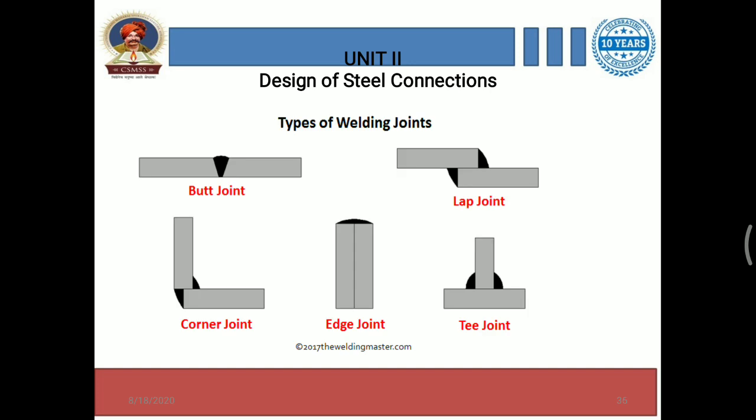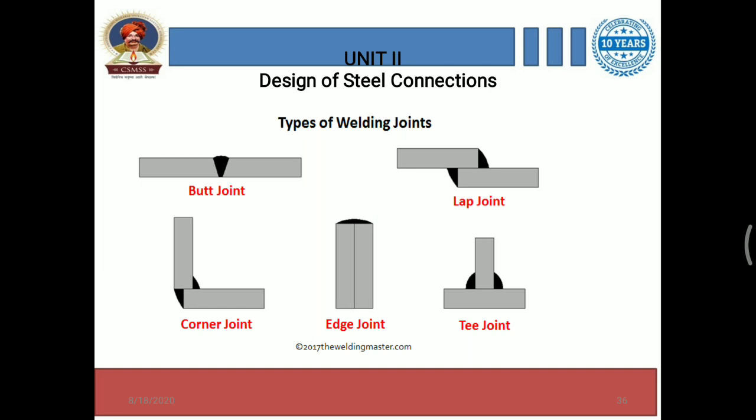Then these are some types of welding joints. Just see the picture. As we have studied the types of bolted joints, these are the types of welded joints. Butt joint is this, like this you can see in the first diagram.